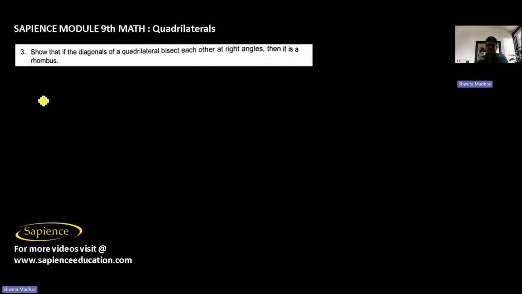In question number 3, it is told show that if the diagonals of a quadrilateral bisect each other at right angles, then it is a rhombus.